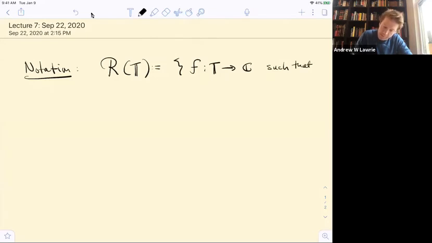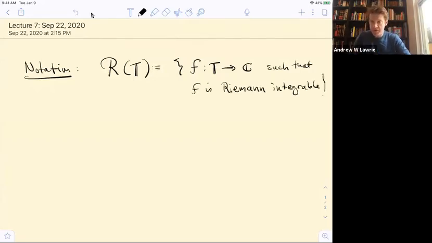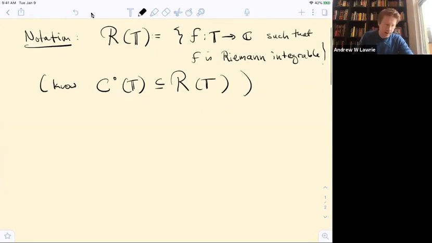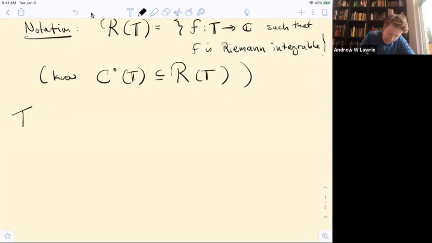So these are just the Riemann integrable functions on the interval 0 to 2 pi, and we know that the continuous functions, for example, are a subset of the Riemann integrable functions on the torus, the circle.